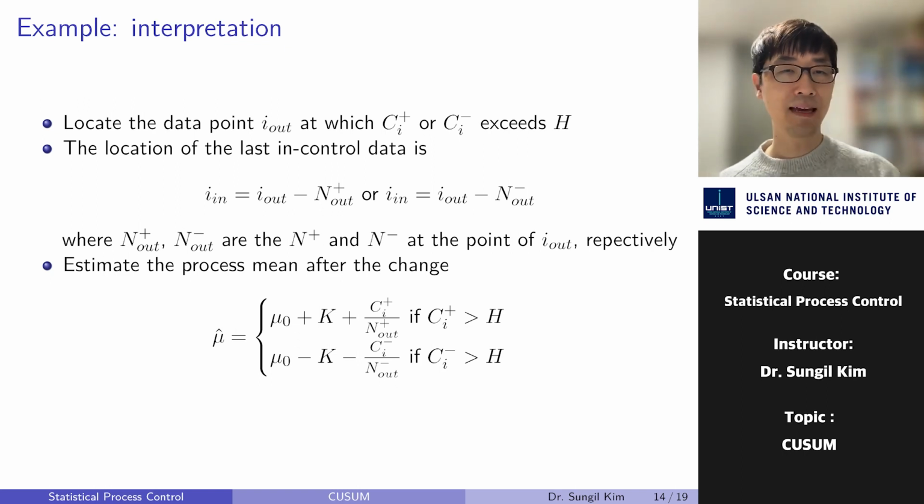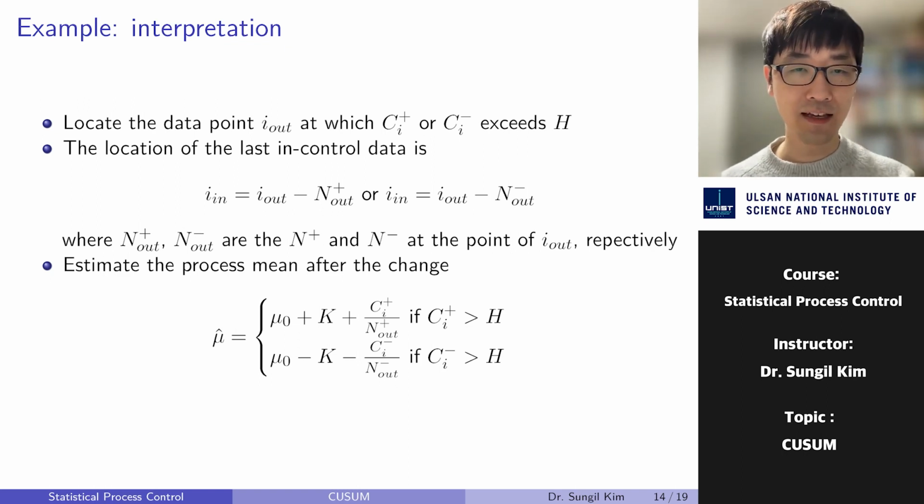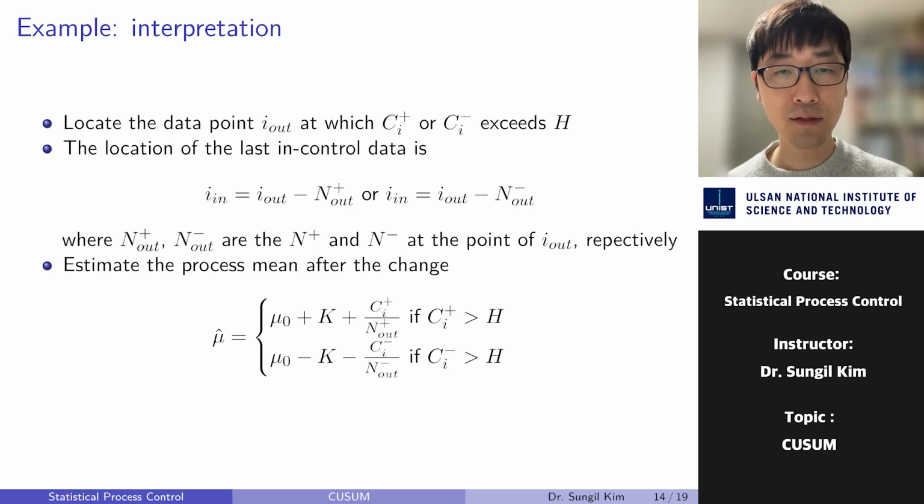Then we can estimate the process mean after the change. If Ci plus is greater than H, then the estimated process mean mu hat is mu0 plus K plus the average shift from the consecutive periods. For Ci minus smaller than negative H, we can estimate mu hat in a similar way.